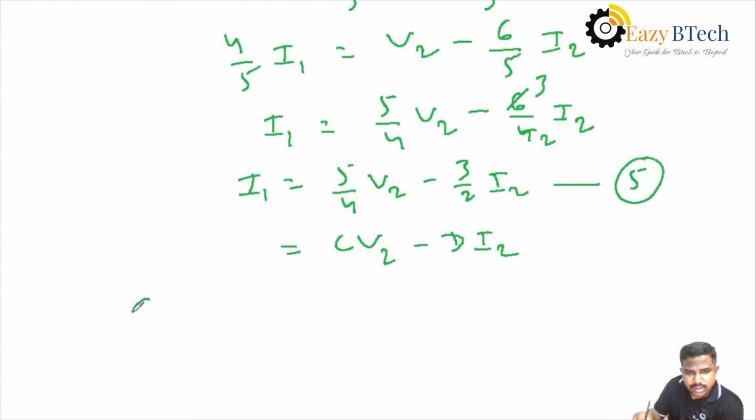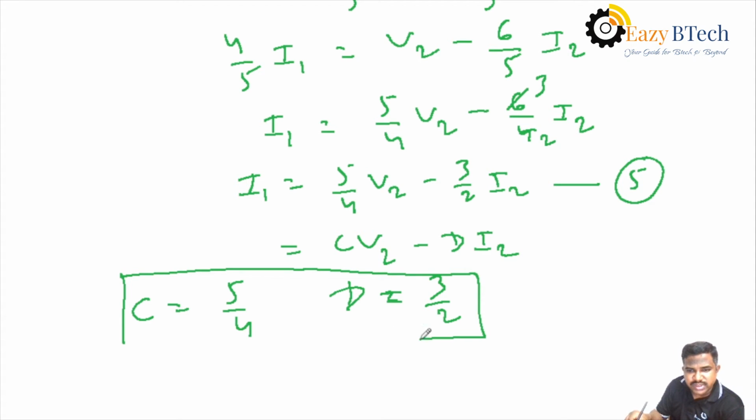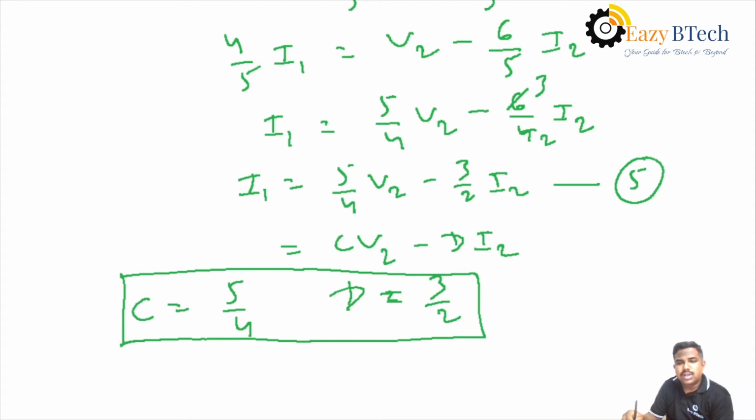Therefore, the value of C is 5 by 4. The value of D, since the equation is already in terms of minus, is 3 by 2. In this way, you have to find the values of two parameters, C and D. Then again, we have to find the other values, A and B.